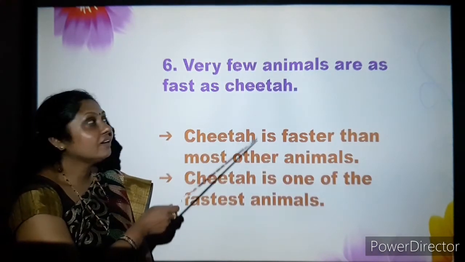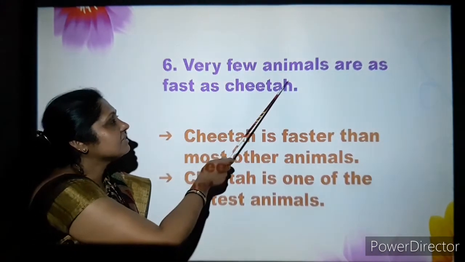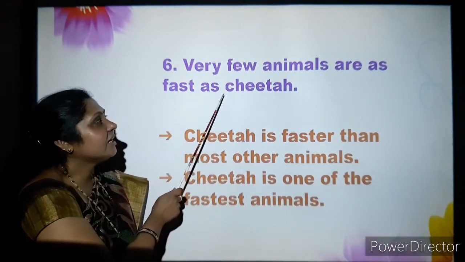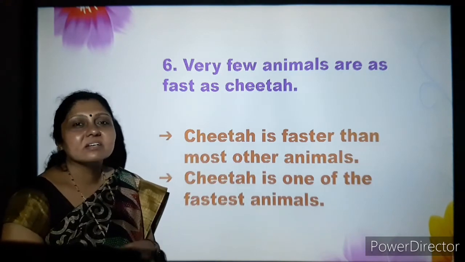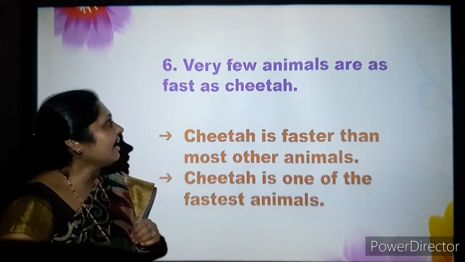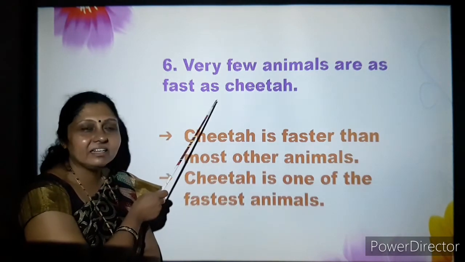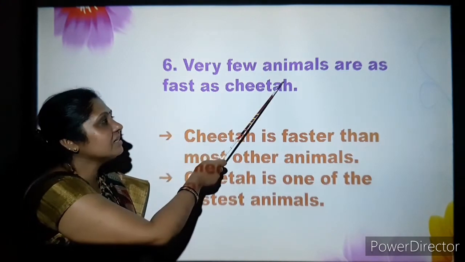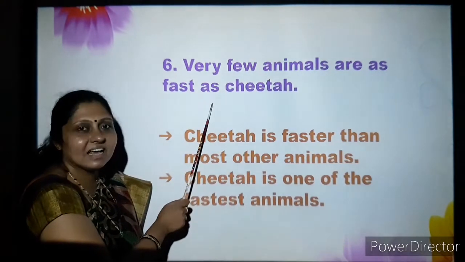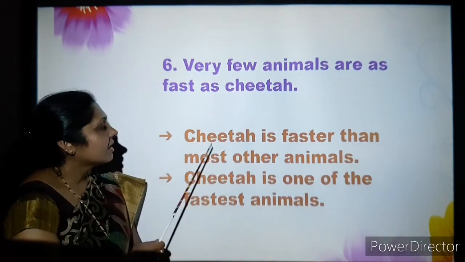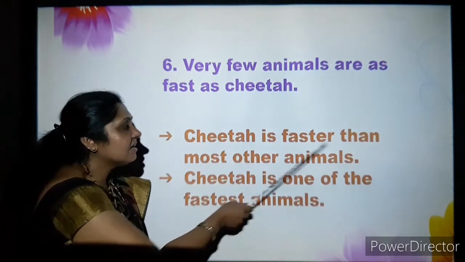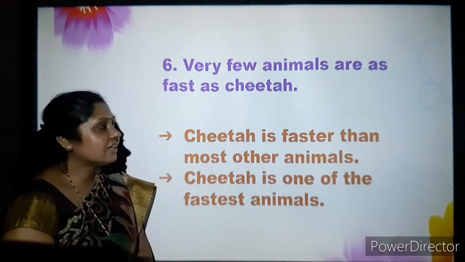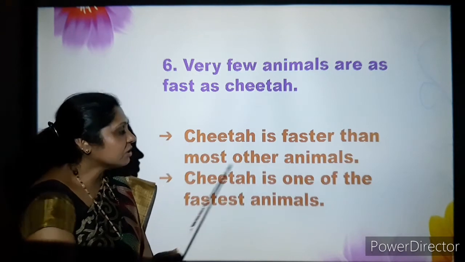Next example, very few animals are as fast as the cheetah. Here it means there are some animals which are equal to the cheetah, and that's why when we are writing it in positive degree, we use "very few" or "few animals are as fast as the cheetah". The cheetah is faster than most other animals.